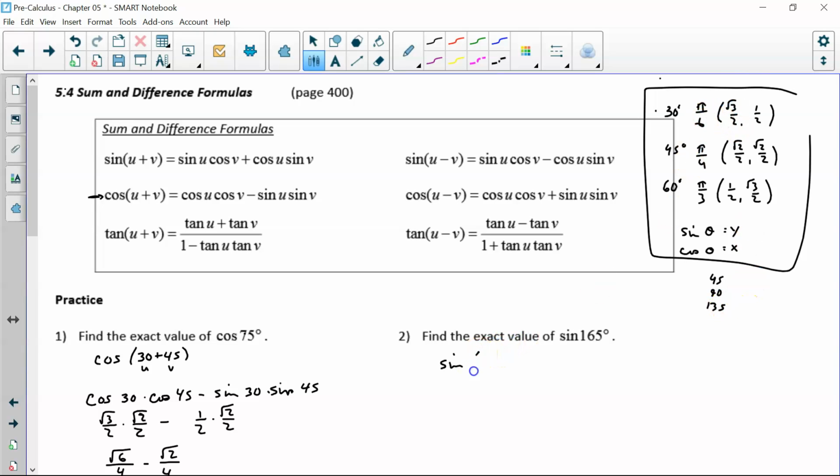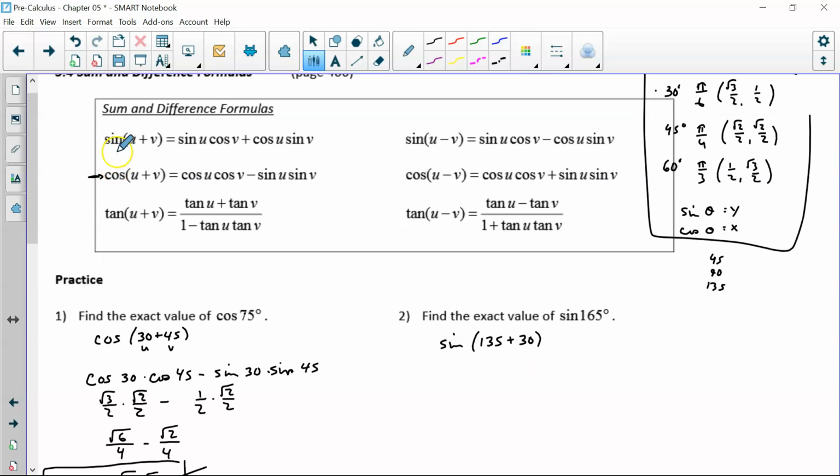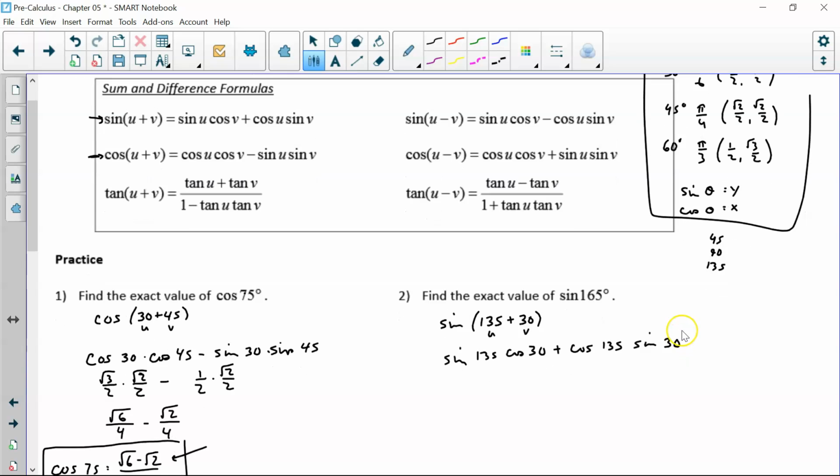So what we can do is sine of 135 plus 30. Now, for this, we're using the very first one, the sine of u plus v. U is 135, v is 30. So this is going to be the sine of 135 times the cosine of 30 plus the cosine of 135 times the sine of 30.